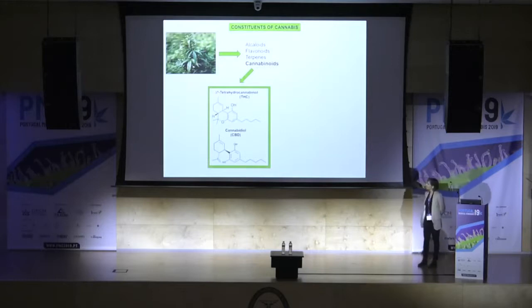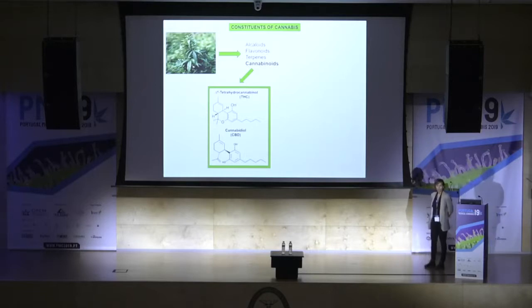Before starting to talk about the endocannabinoid system, I'm going to make a very brief introduction on the cannabis plant. As you all know, this plant, like many others, produces a lot of different chemical compounds that we chemists or biochemists classify in different families depending on their chemical structure.